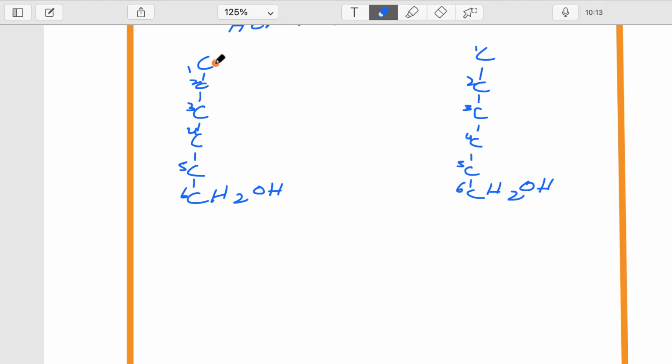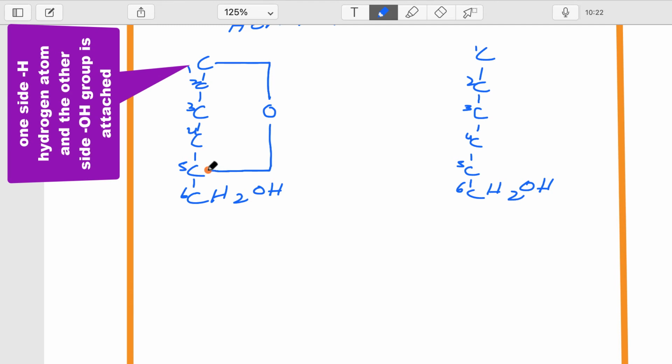Now see how this cyclic hemiacetal form takes place. This is the first and fifth carbon. Then you can see the configuration around the other carbons. Here OH is on the right side, and if you refer back to the straight chain, it is on the left side.